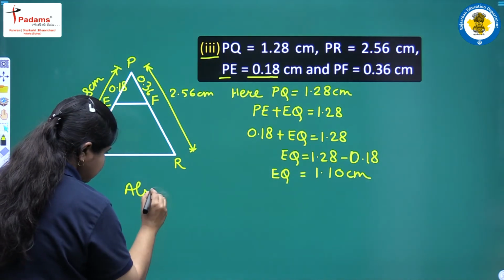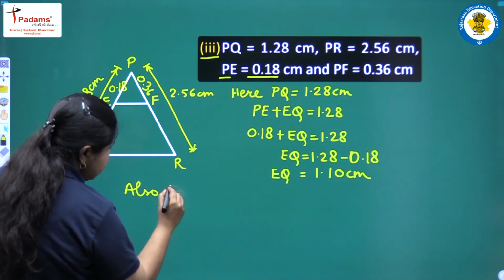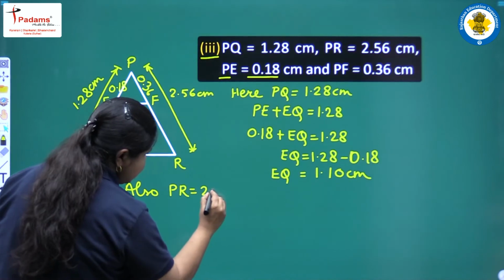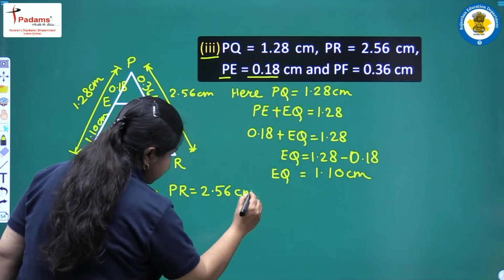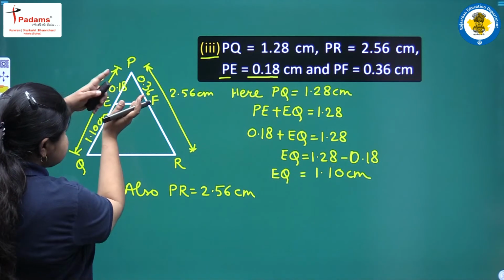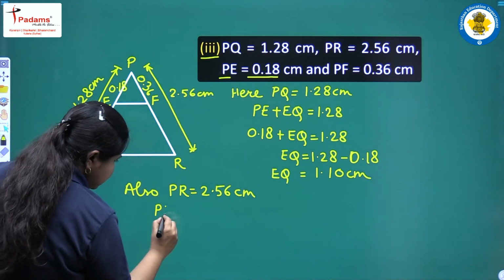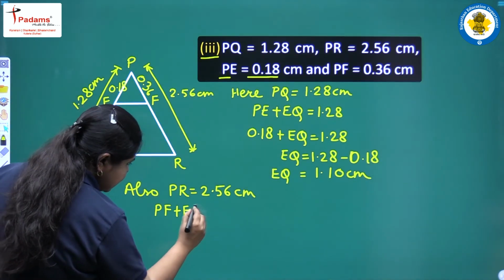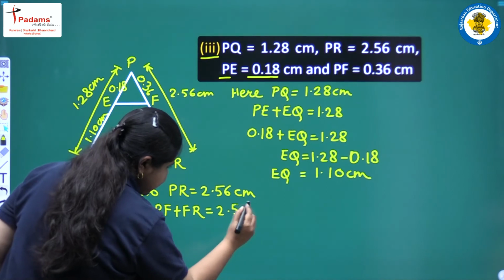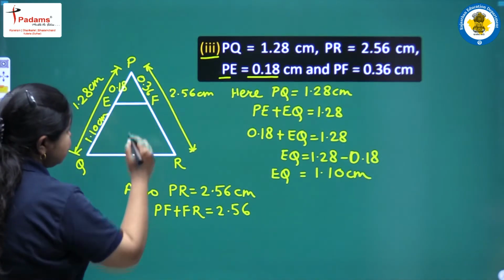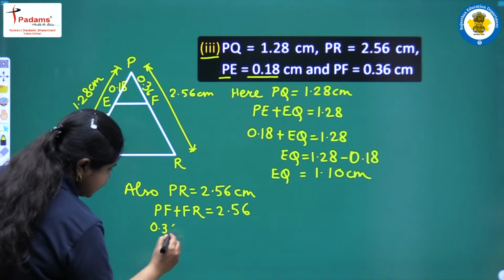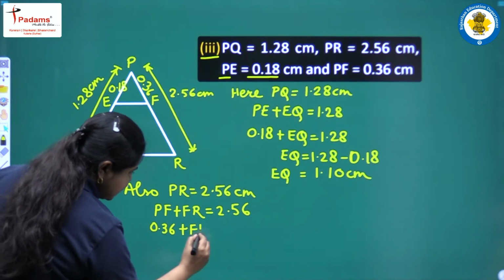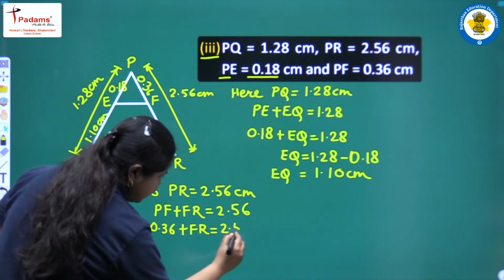Also we see that PR is equal to 2.56 centimeters, and PR can be split as PF plus FR. PF plus FR is equal to 2.56. Now PF is 0.36 centimeters long, and plus FR is equal to 2.56.